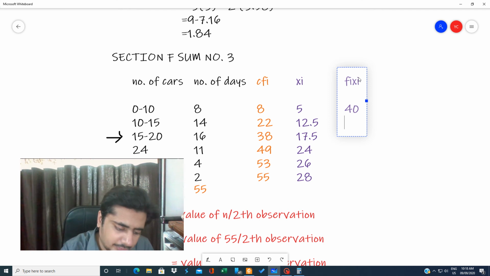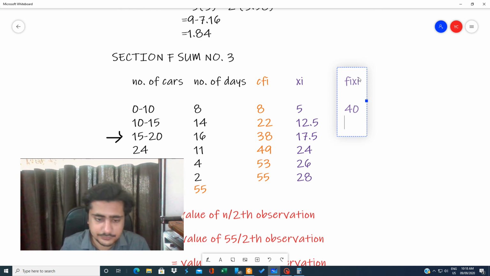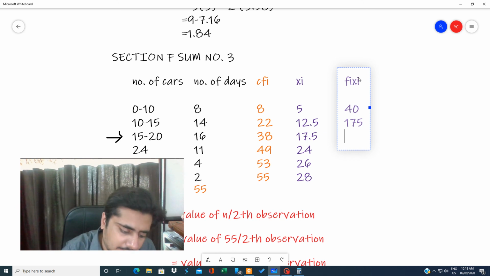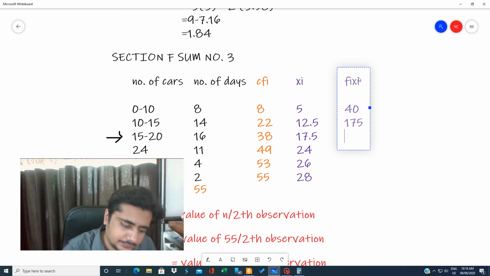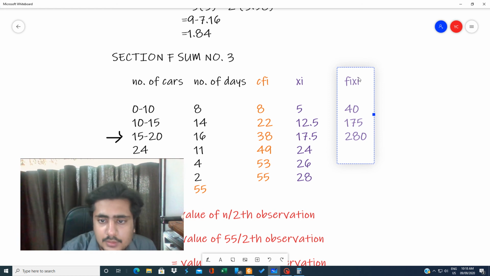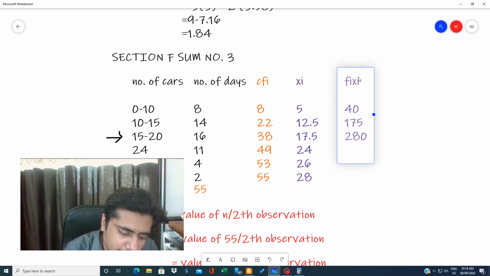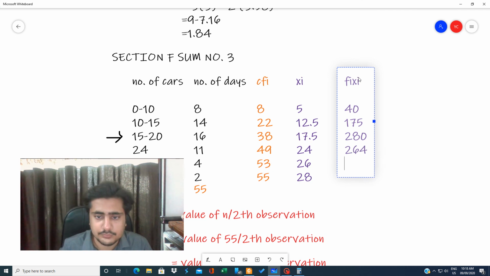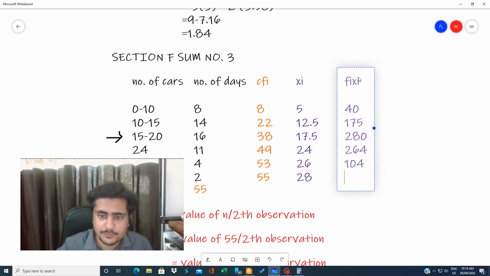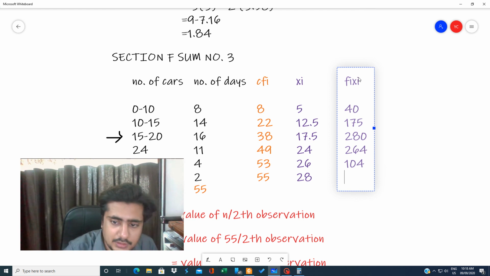16 into 17.5, then 11 into 22, 4 into 25, 27 into 2.